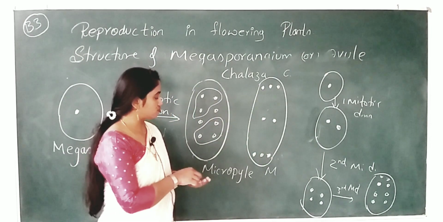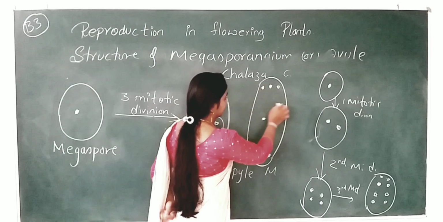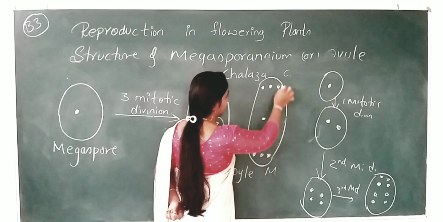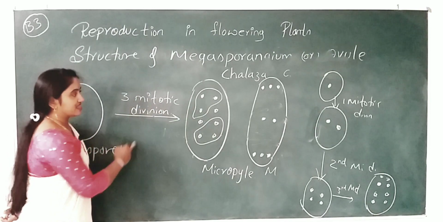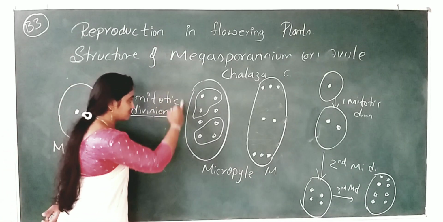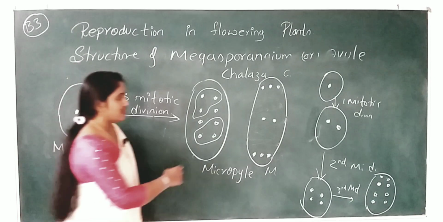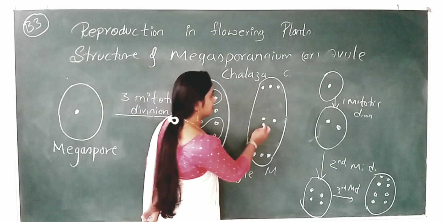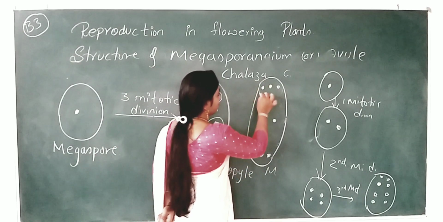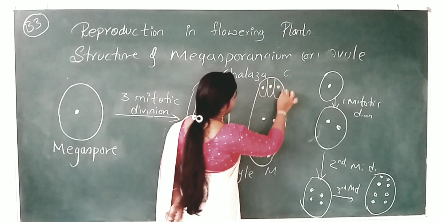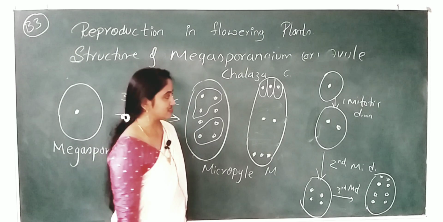Now, the megaspore will have cytoplasm, everything will be there. After the third mitotic division, the karyokinesis, this is the end of the karyokinesis. At this stage, when the nuclei travel to the chalazal end and micropylar end, the cell wall forms. Cell wall means cytokinesis occurs.